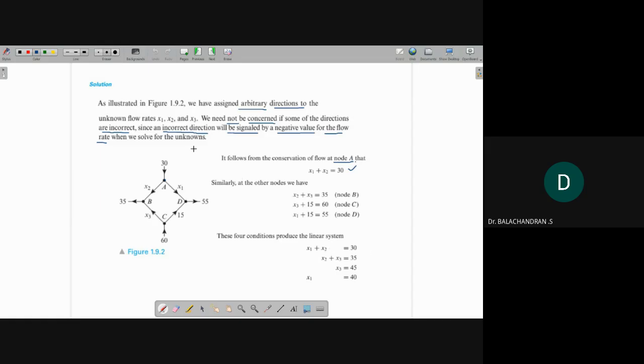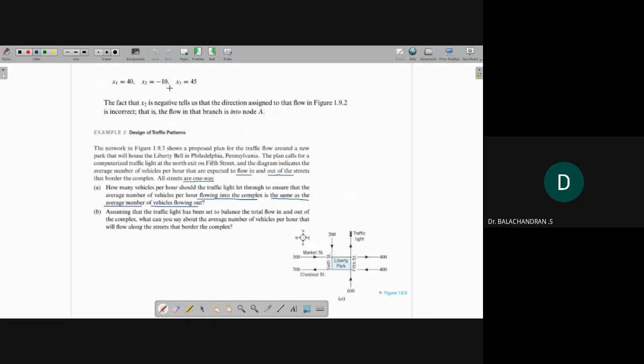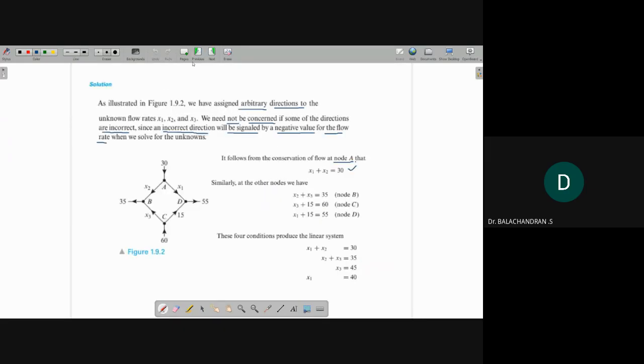Earlier I told you an incorrect direction will be signaled by a negative value. So the fact that x2 is negative tells us the direction assigned to that flow in figure 1.92 is incorrect. That is, the flow in that branch is into node A. So this should be this direction, into node A.